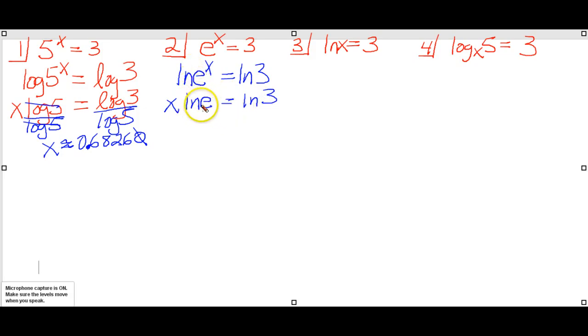Now, an interesting thing happens when we have this combination right here, because natural log is of e, and having this arrangement, natural log of e, but base e, this item right here just becomes a 1. So this would be in a sense to the first power. So we then have x, this is a 1 that I'm not going to write, equals the natural log of 3. And you put that into your calculator.